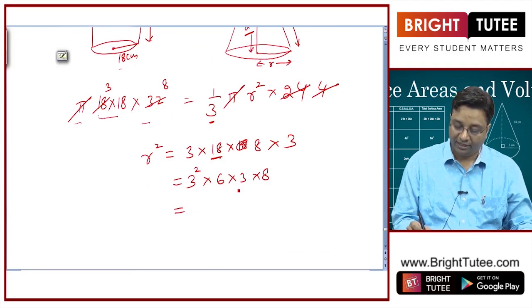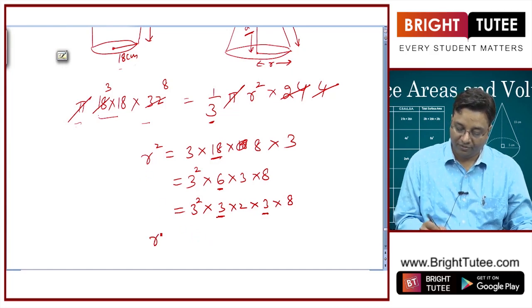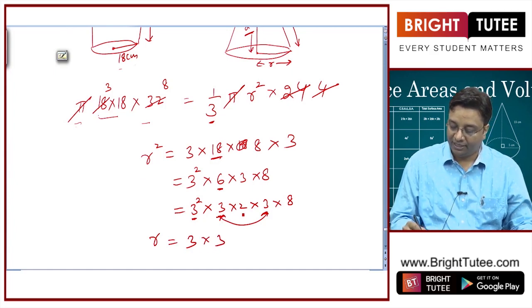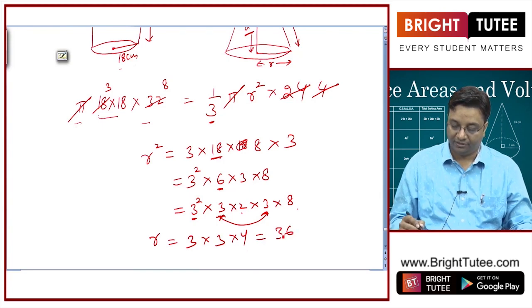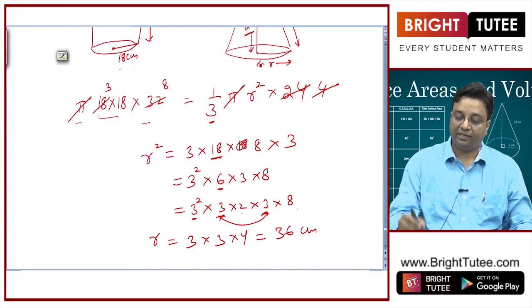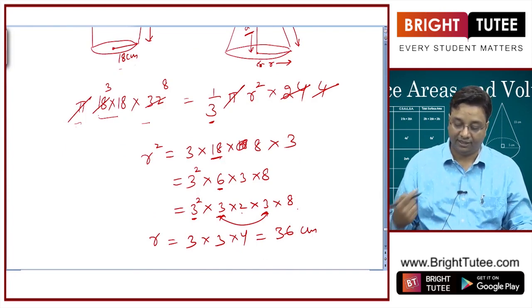So you can write it as 3 into 2. So 3 square into, this can be written as 3 into 2 into 3 into 8. So 3 into 3 is again 3 square. So if I need to find r, I will have 3 from here, and these two 3's will give me 1 3 here. 8 into 2 is 16, so it will give me 4 here. So this is 36 centimeter. So the radius of this conical heap is 36 centimeter, right.